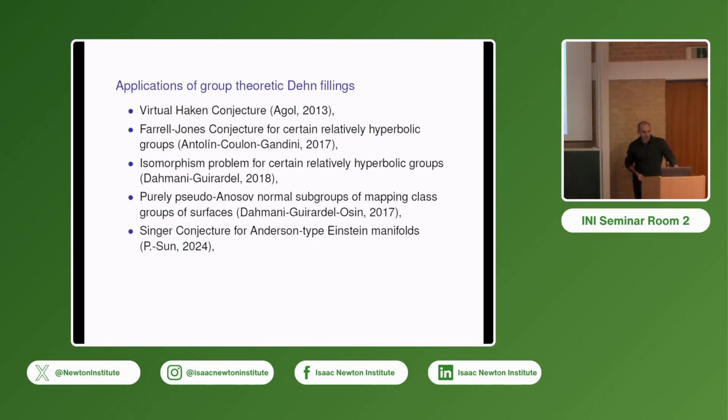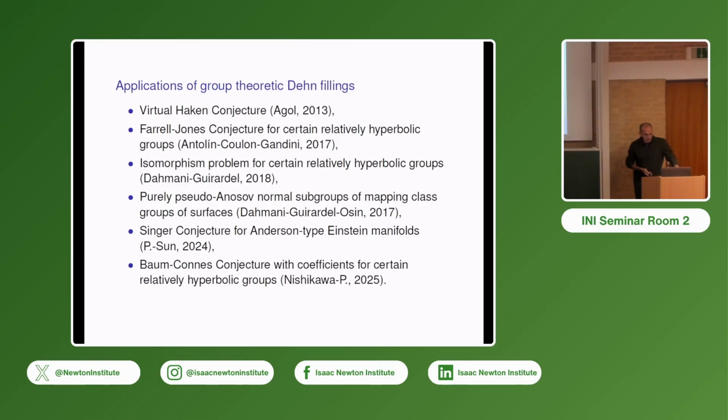And I want to advertise two results. One is a consequence of what I'll mention today on L2 Betti numbers, which is verification of the Singer conjecture for certain Anderson-type Einstein manifolds. This is joint work with Bin Sun. And more recently, we verified the Baum-Connes conjecture with coefficients for certain relatively hyperbolic groups.